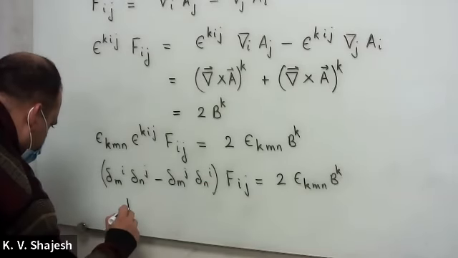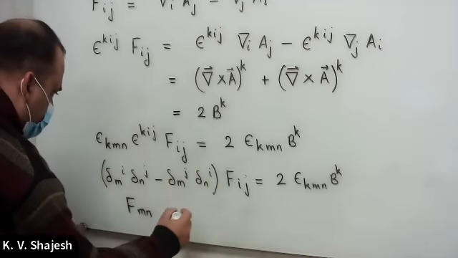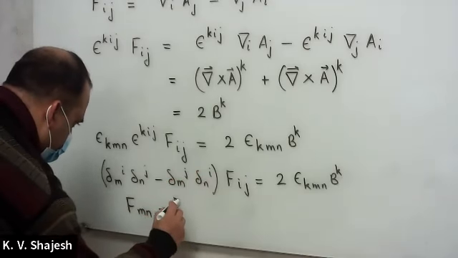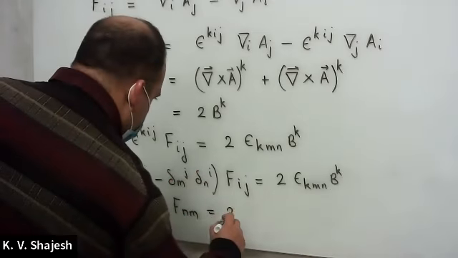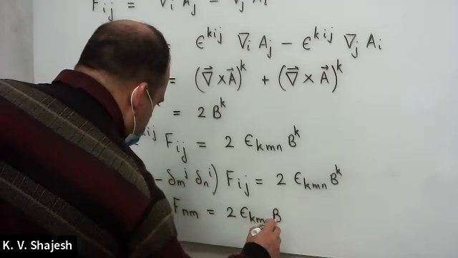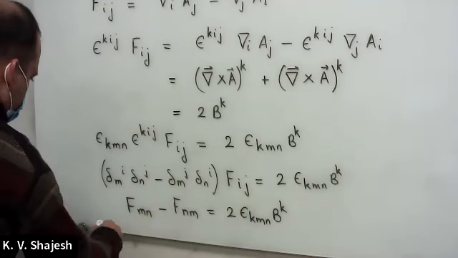So I have F m n from the first term, and in the second term j gets replaced with m, so it is F n m, equal to 2 times epsilon k m n times B k. These two are the same because this is antisymmetric.